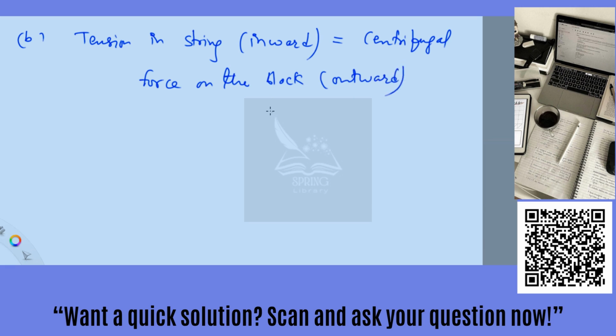And we know the expression for that centrifugal force is mv square by r, where r means the radius, which is the length of the string.